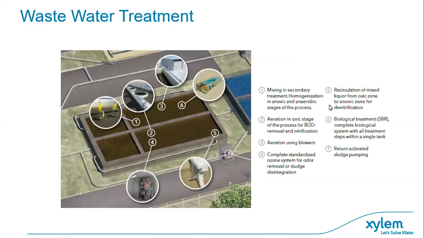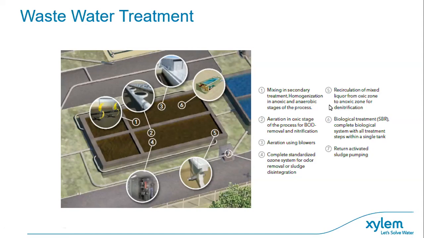So if we just cover quickly, before I hand to Magnus, the various elements of secondary biological treatment. If we start from the front end of the plant, we have mixers, as we've already mentioned. That's to provide a homogenized mix of the wastewater prior to treatment, ensuring that all the solids remain in suspension or are resuspended, in anoxic and anaerobic zones.